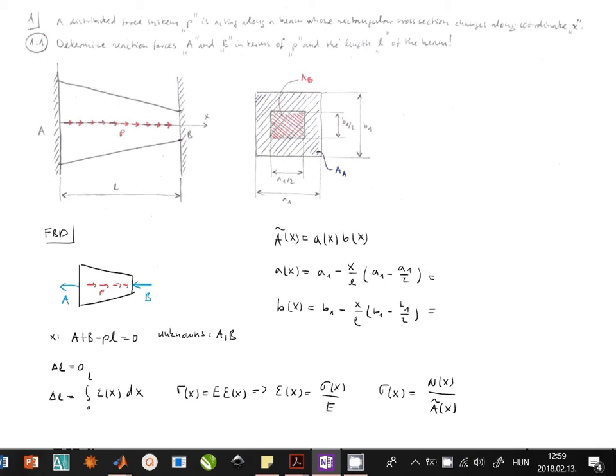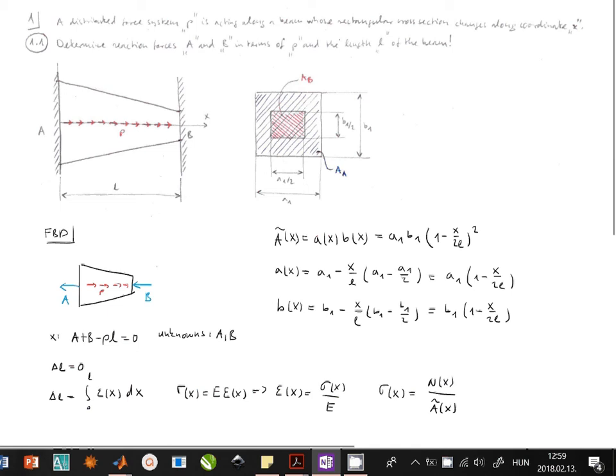And we can also notice that a1 can be factored out from the first expression, so this is the very same as a1 times 1 minus x over 2L. This is b1 times 1 minus x over 2L. So the cross-section area in terms of x is a1 times b1 times 1 minus x over 2L squared. Okay, we have the cross-section area.